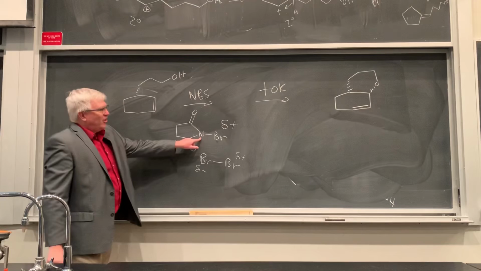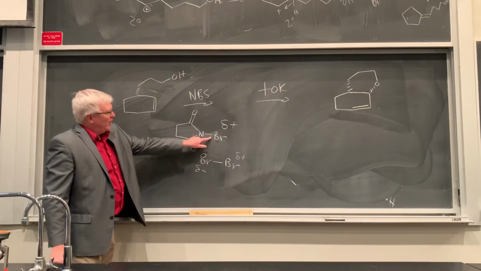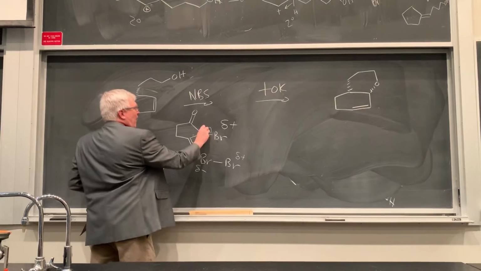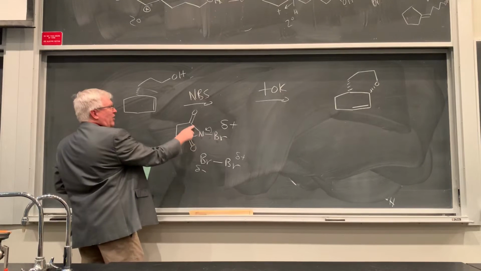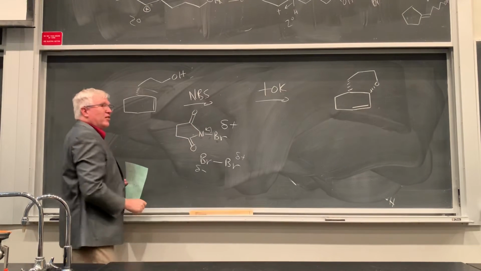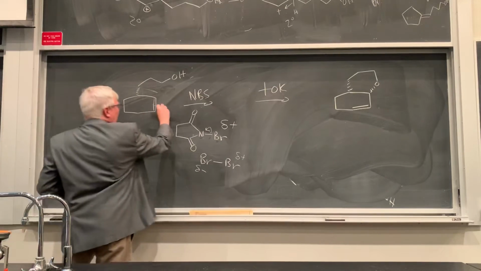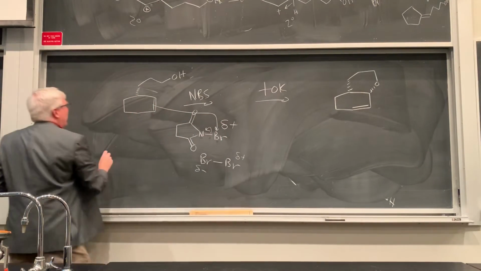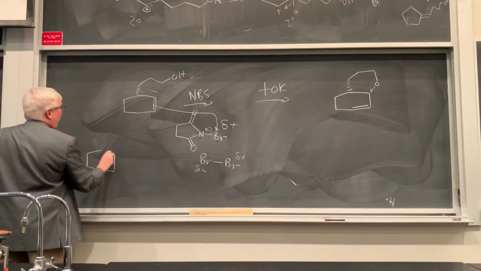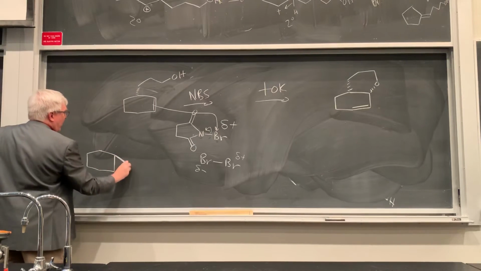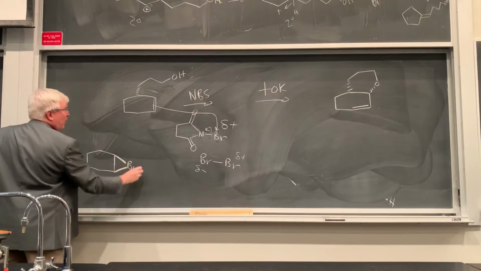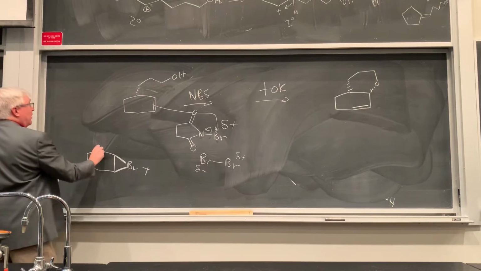And nitrogen's partially negatively charged, so you can pull these electrons out here, and then you have a negatively charged nitrogen resonance stabilized on these two carbonyls. That's why this works. So let's go ahead and draw the mechanism here. We'll have a bromonium ion. And I'm going to form the bromonium ion on the top. Why?